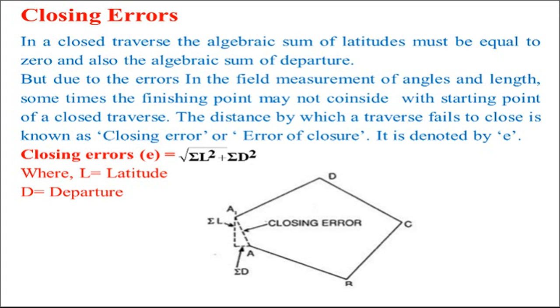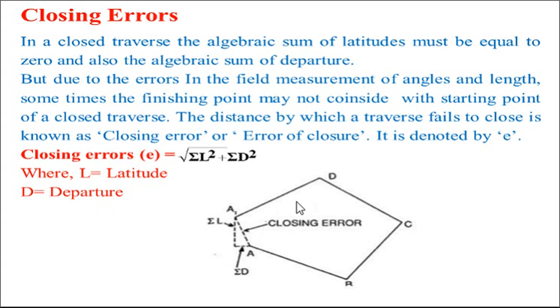Hence, this closing error e is calculated using the summation of departure and summation of latitude. So, closing error e is equal to the square root of summation of latitude squared plus summation of departure squared, where capital L is the latitude and capital D is the departure.